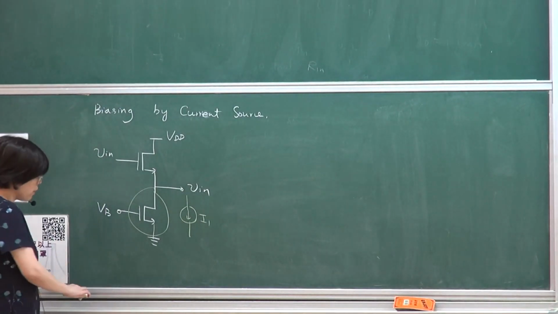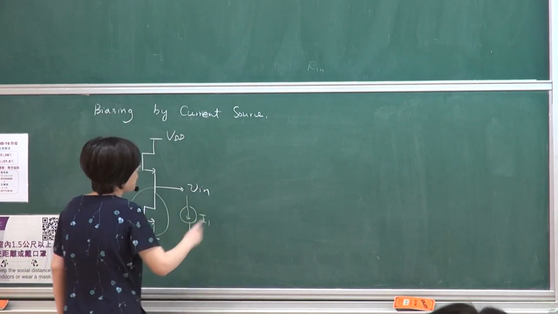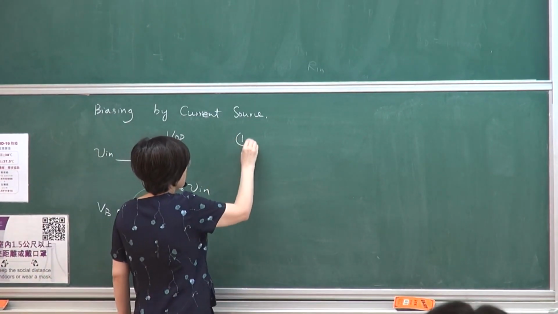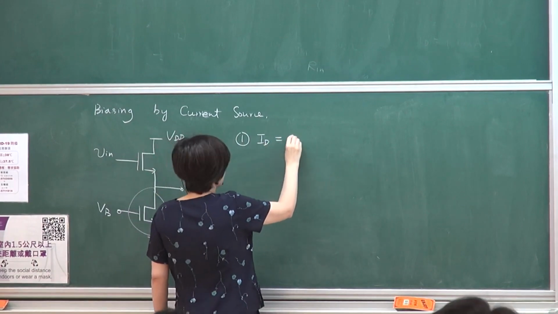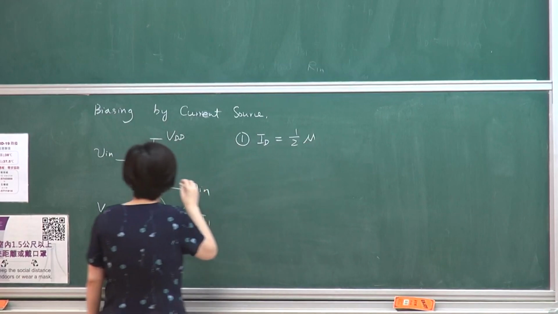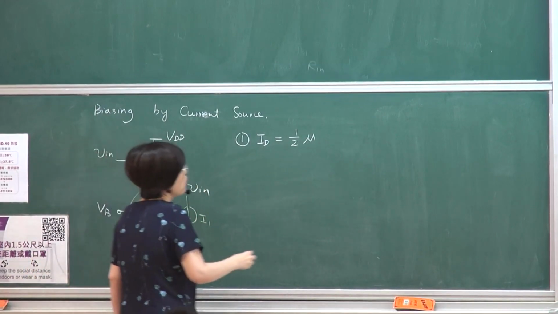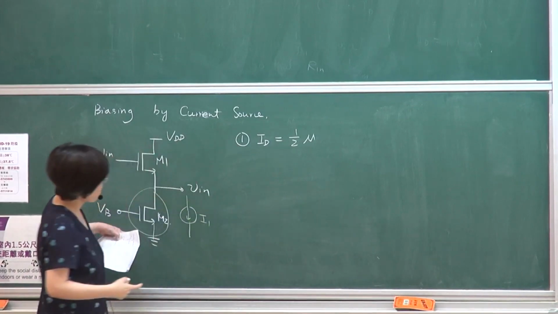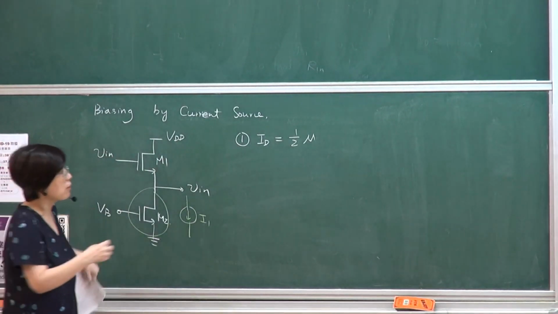So as we already know, in this design you typically want two parameters. One is your biasing ID, which is determined by, let me write down, this is M1, this is M2. So you use M2, the circuit underneath, to determine the biasing current.